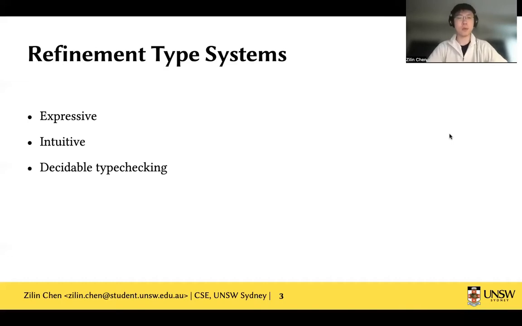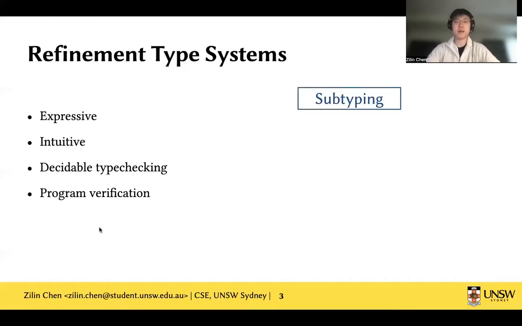In languages equipped with refinement types, usually the design principle is that we want the type checking procedure of the language to be decidable. What it entails is that in program verification, if we use such a language, what we get is fully automatic verification, and no user intervention is needed. And this is why refinement types are very popular.